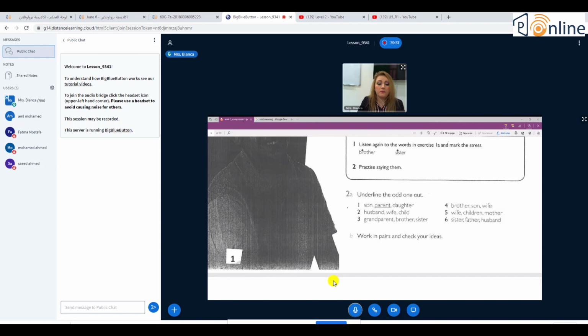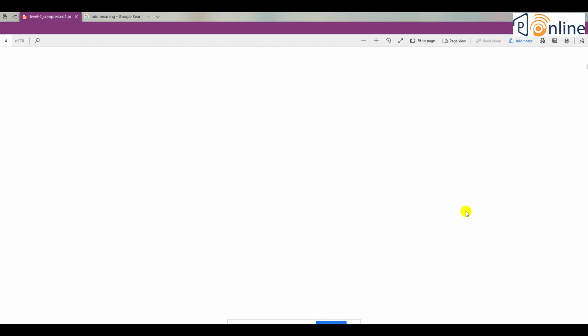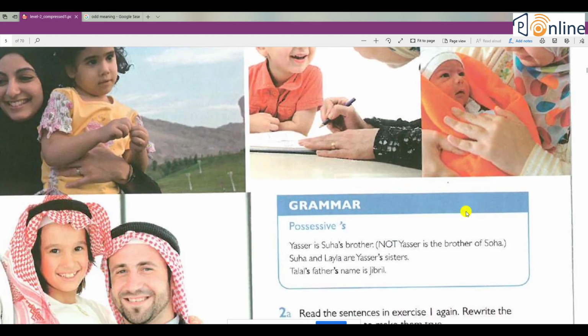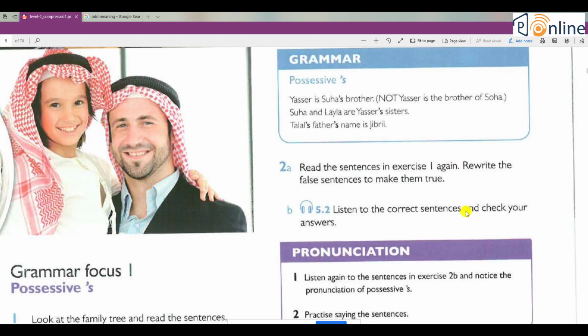Moreover, next lesson we'll have another very important part, the possessive S. For example, my name's first letter is B, or my brother's car is gray.